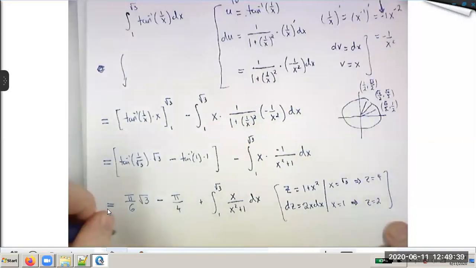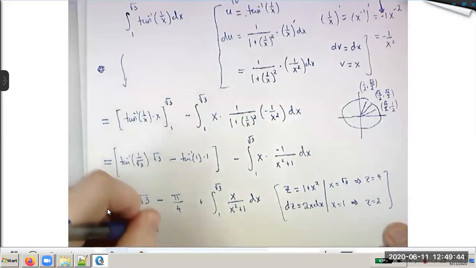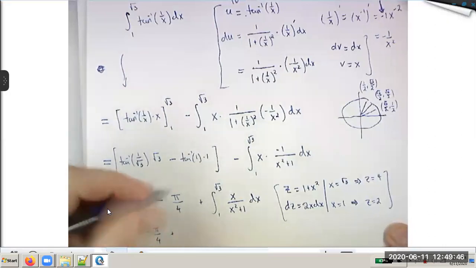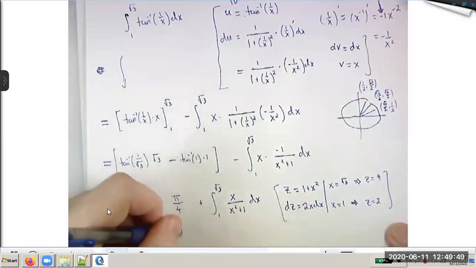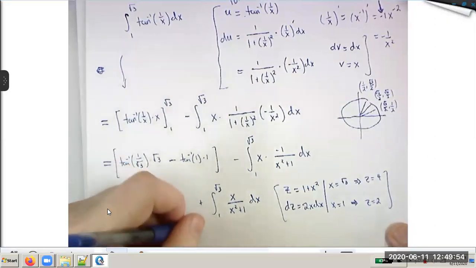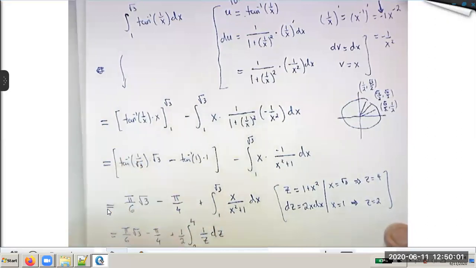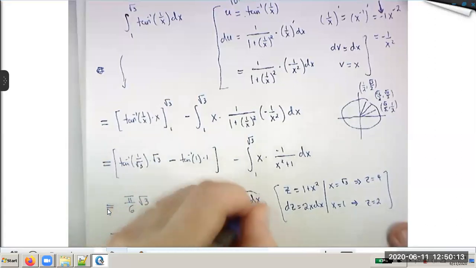So then we have pi over 6 times root 3 minus pi over 4 plus the integral from 2 to 4 of, let's see, we have z on the bottom of the fraction, then we have 2x, so do the same trick we did for the other problem where we had the 1/2 on the outside, because then we just have 1 over z dz.